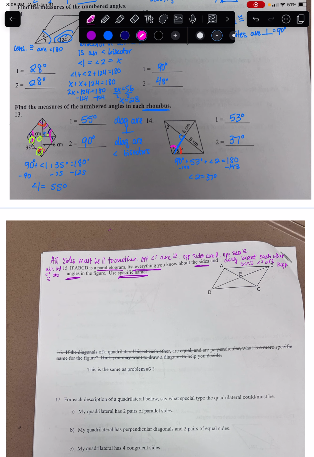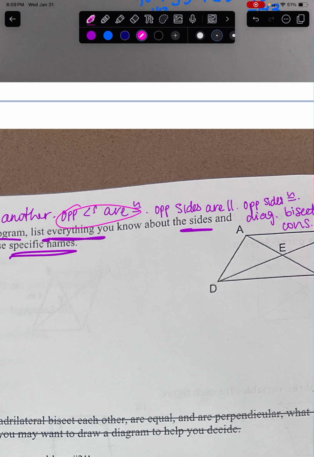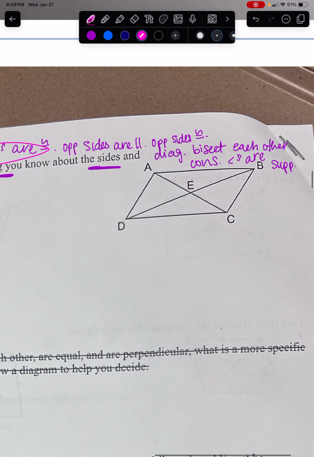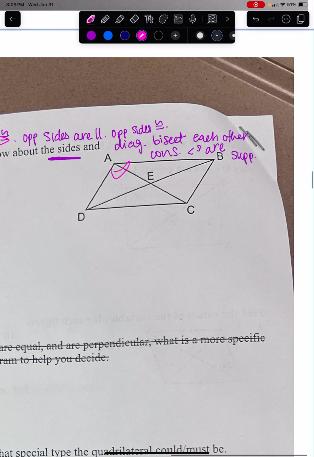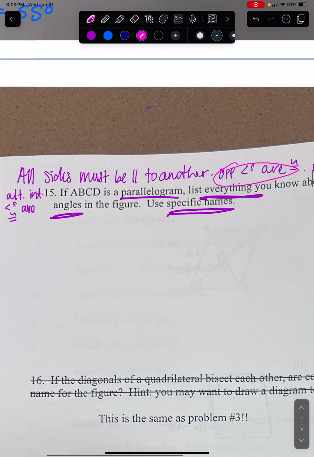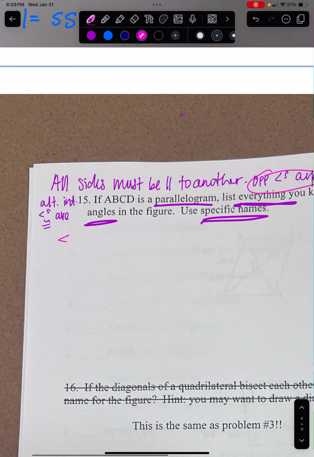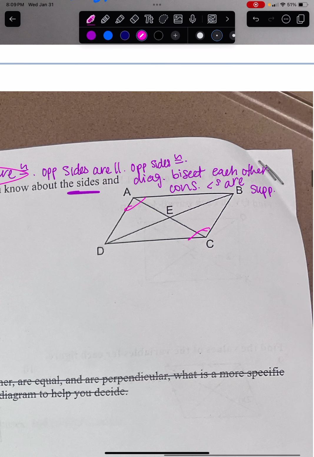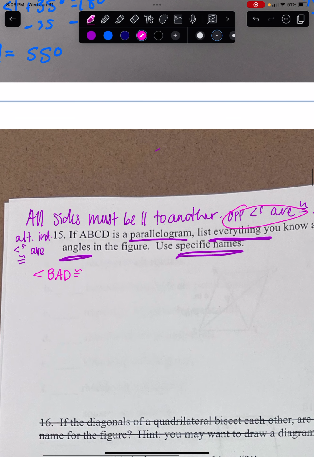So let's start with opposite angles are congruent. Well, we have this angle and this angle. This and this. So let's say angle BAD is congruent to BCD.